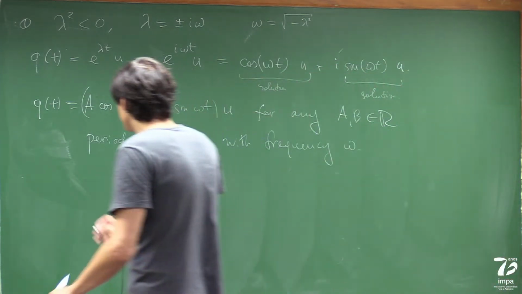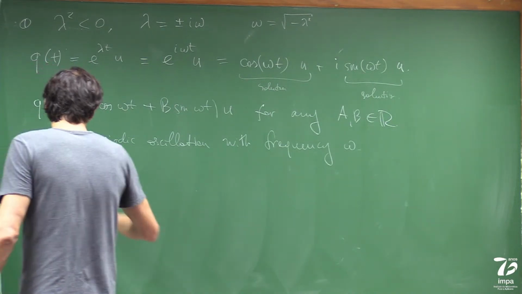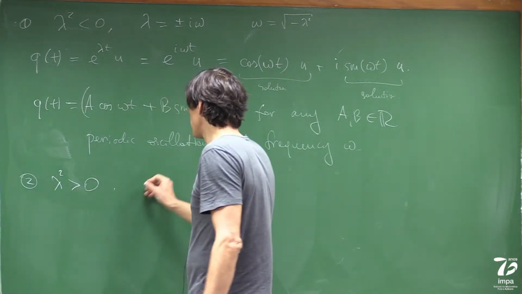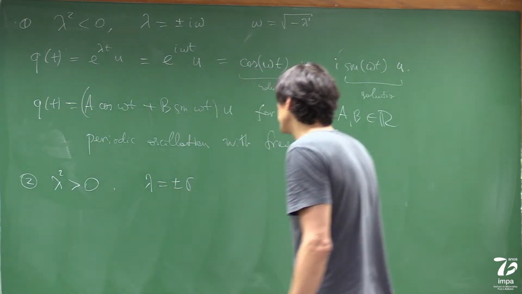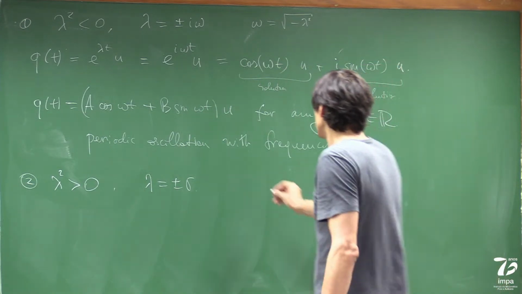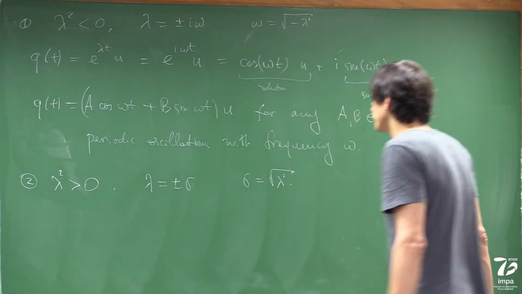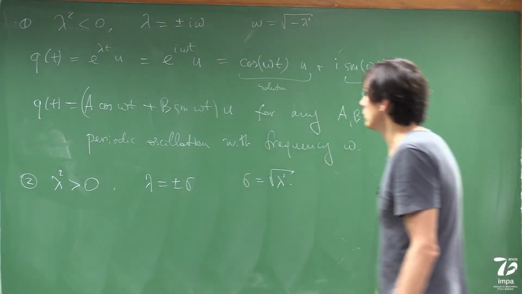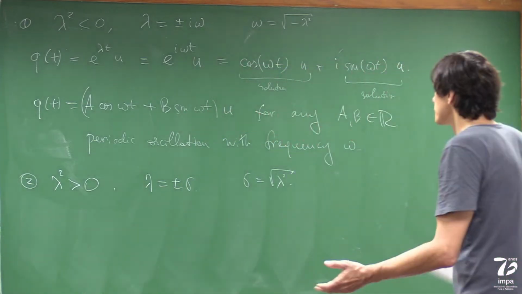The second option is lambda squared positive. In that case, taking the square root, you get lambda equal plus minus sigma. I'm trying to keep the same notation as before. Here sigma is the positive square root of lambda squared. Here we don't need to take real and imaginary parts because everything is real.